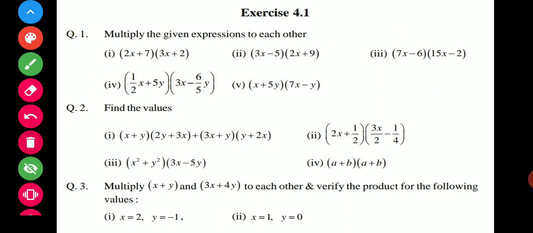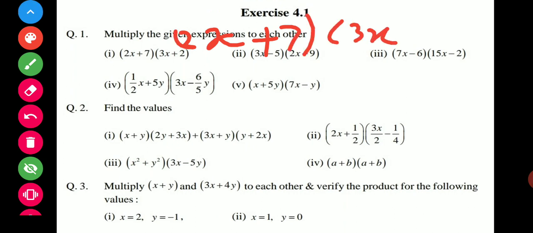So first of all, you can write the first one, that is 2x plus 7, and here is 3x plus 2. How to multiply? First of all, this 2x multiplied to 3x becomes 6x square.